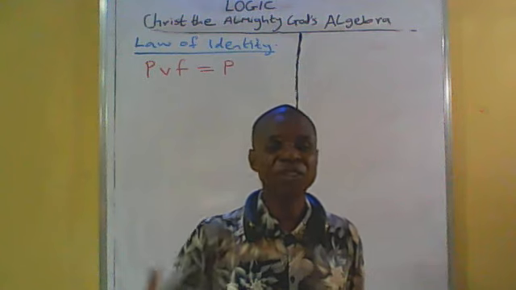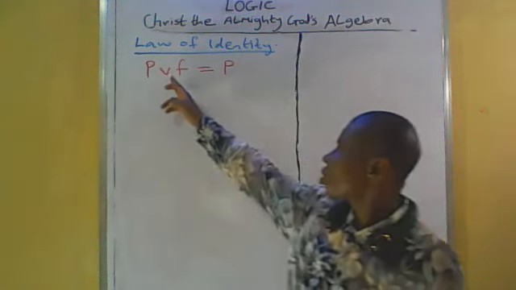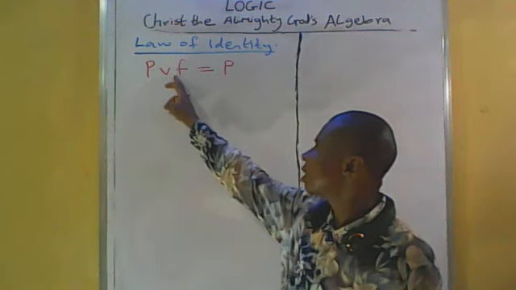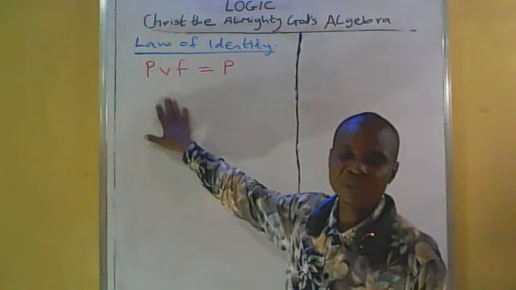Why do we call it law of identity by disjunctive statement? It's because of this or connective that combines P and F as a compound statement.